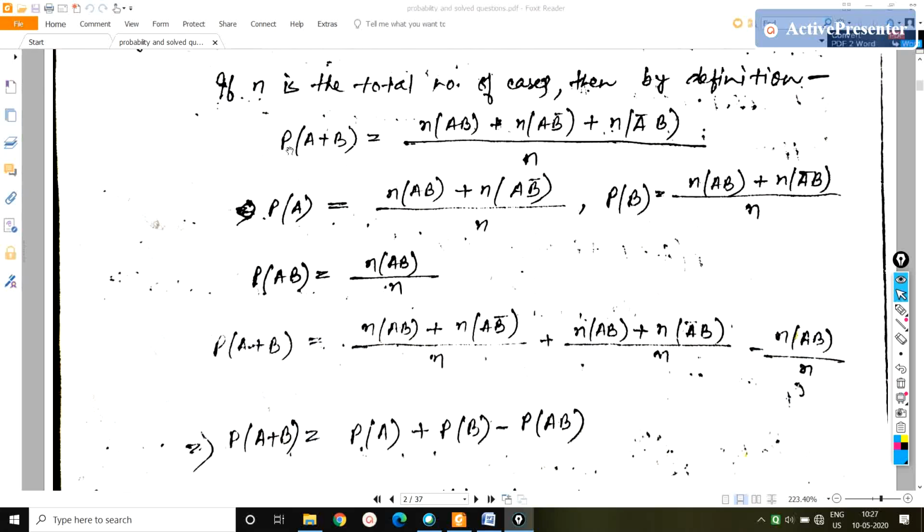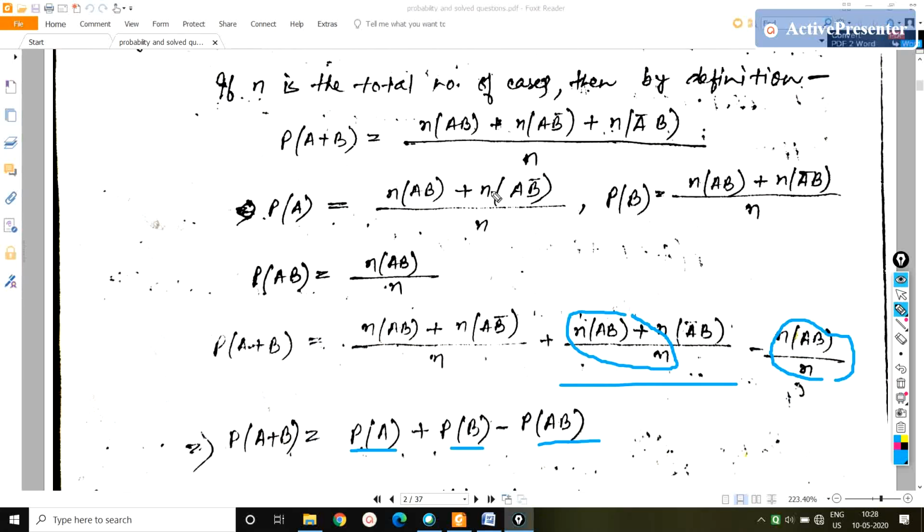So this probability of A plus B is now rewritten. Actually, you will see that there is this n of AB by n, which is also here. It is just put as a mathematical adjustment, but as you go you will see that the first one gives us P of A, the second one gives us P of B, and this one gives us P of AB.